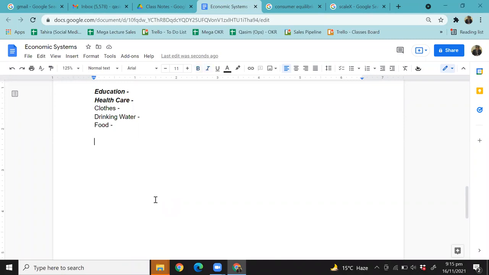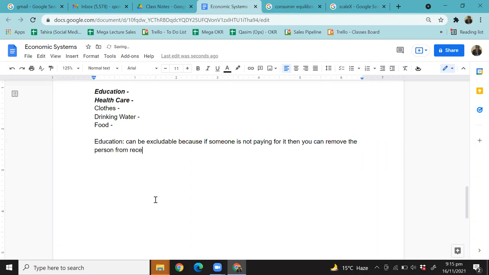To some extent, Zohan and Zen, you're right, that education can be excludable. How so? It can be excludable because if someone is not paying for it, then you can remove the person from receiving the benefit, right?